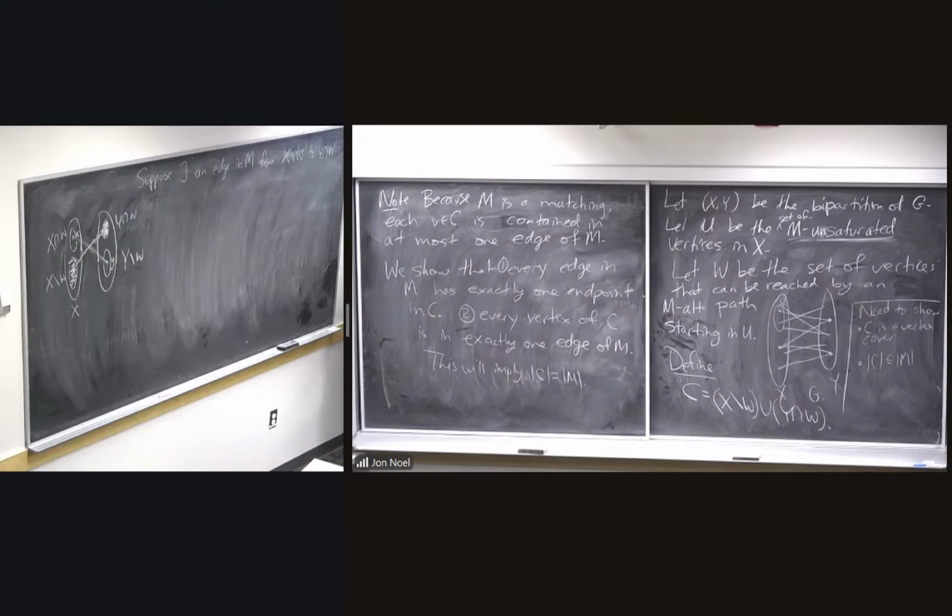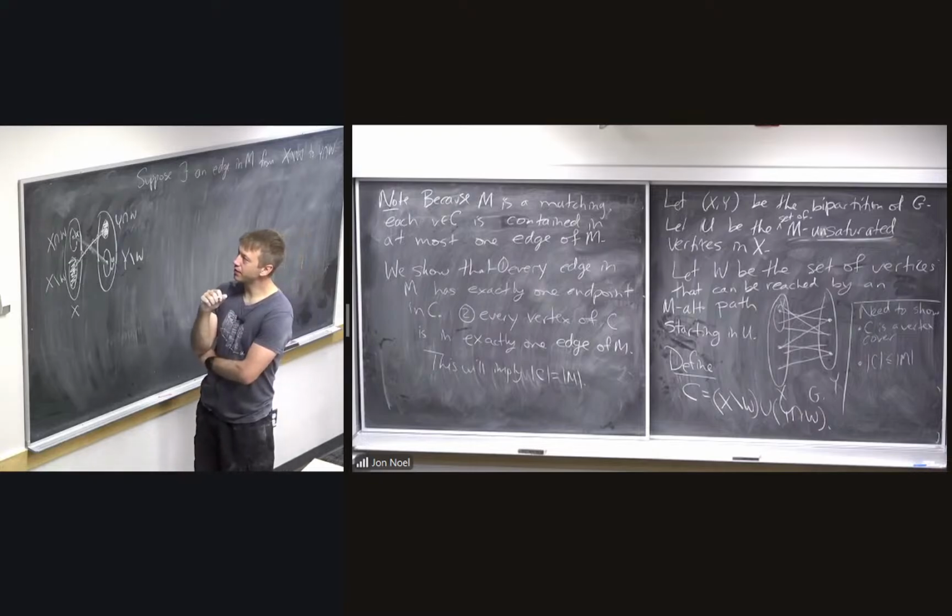Can I even see how this is going to work? Basically, all the vertices in X minus W are unsaturated, but all vertices in Y intersect W are... I don't know whether these things are saturated or unsaturated.